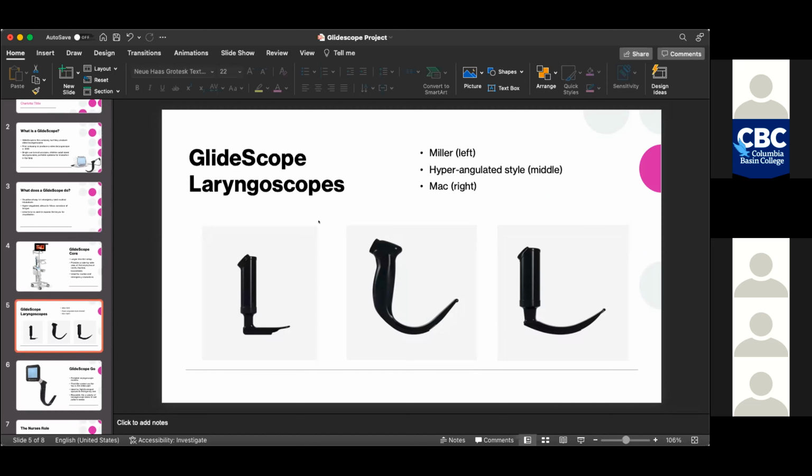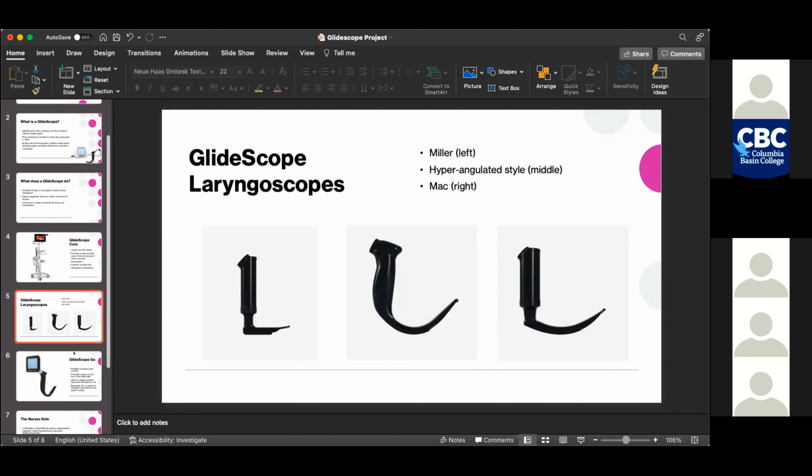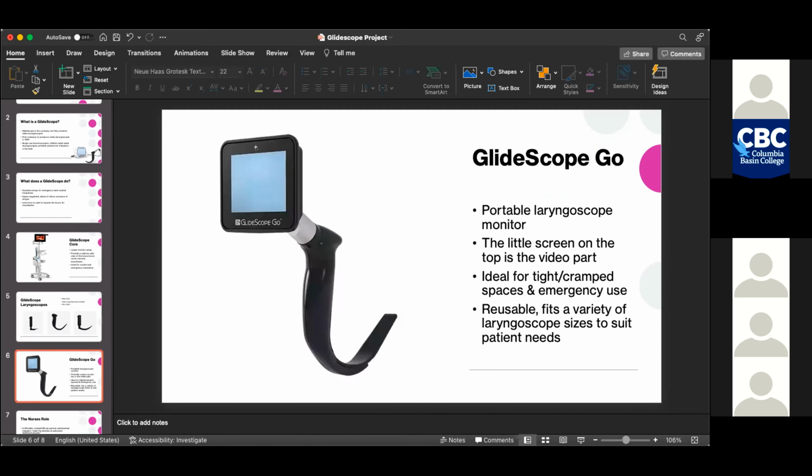And they had several statistics on how much better this hyperangulated one works versus a Mac or Miller style laryngoscope, but they do carry them also. And then here's this cool little thing. It's called a GlideScope Go, and it's a little portable one.